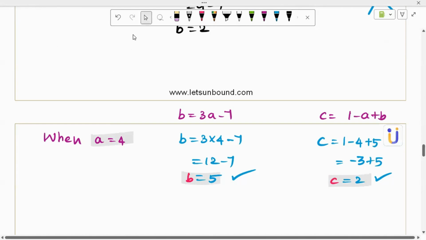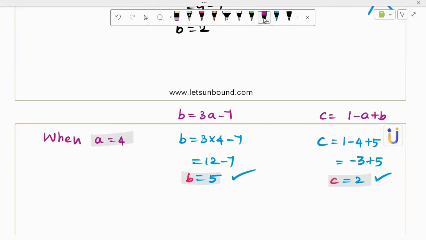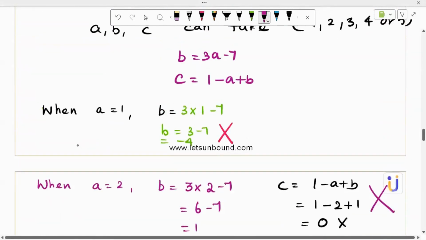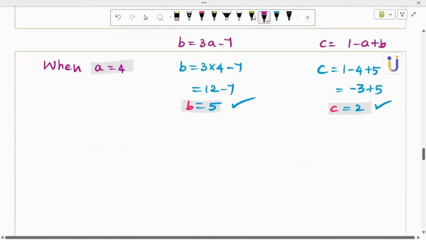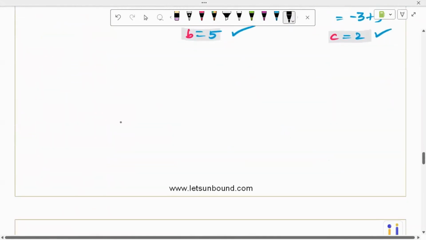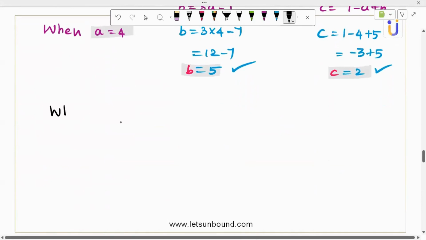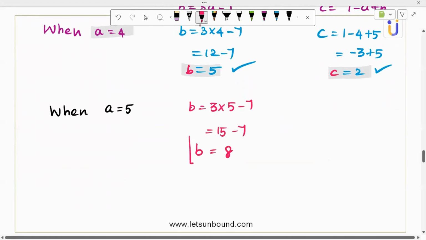This is possible, but it must be the only way possible. That means I proved all other combinations, like 1, 2, 3, will not work. Let's try for A equal to 5. If I prove this is also not possible, then it automatically holds, right? When A is equal to 5, B is equal to 3 times 5 minus 7, 15 minus 7, which is 8. This is not at all in our number list, so no need to try the next part.